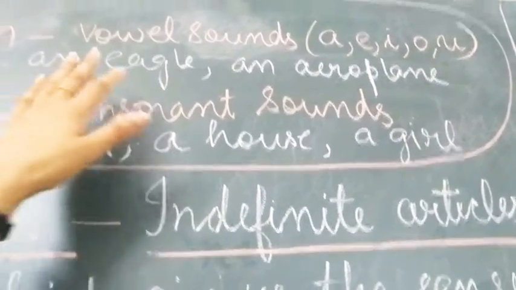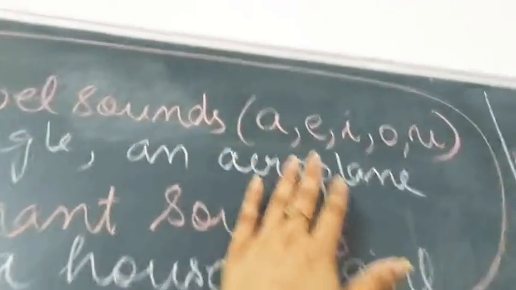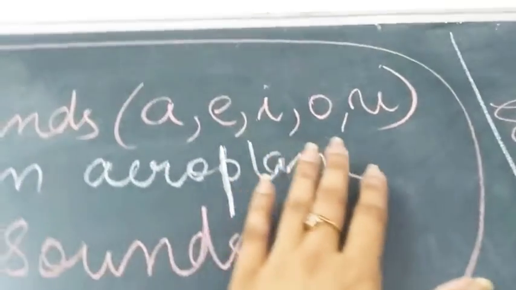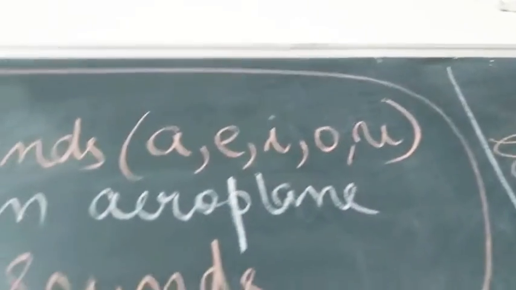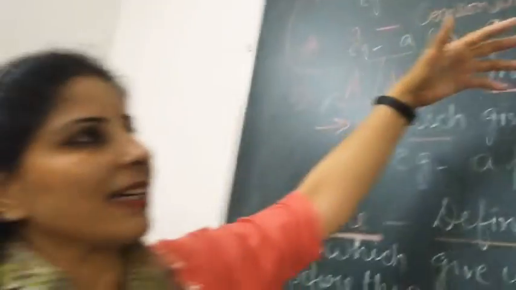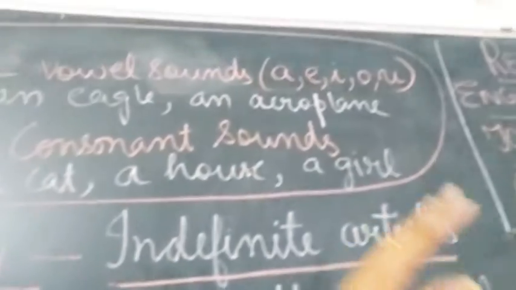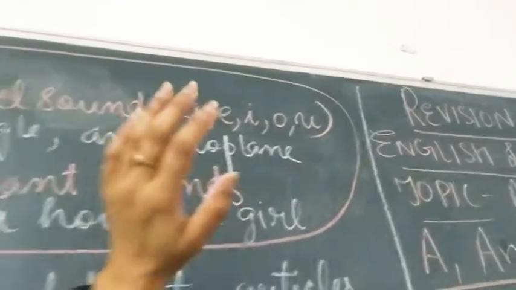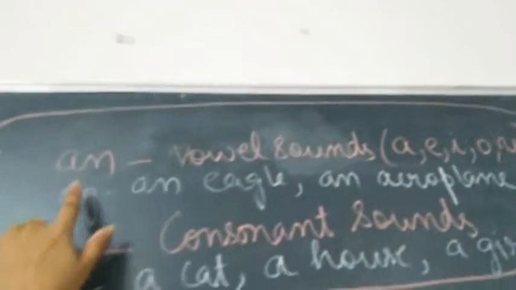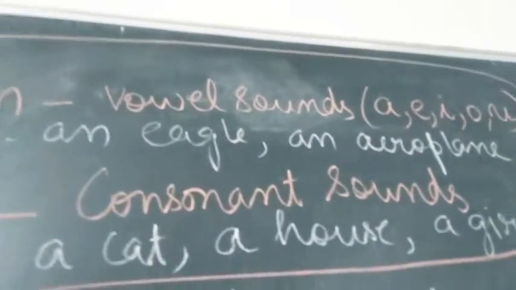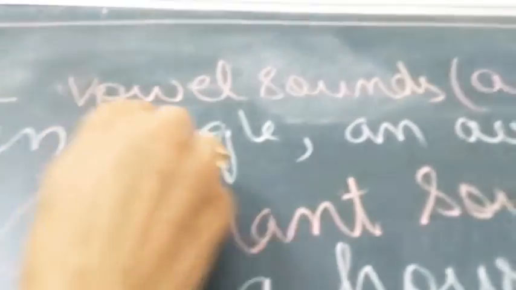So which are the 5 vowels? A, E, I, O, U, right? So whenever we get the sound of these letters, whenever we are getting these sounds, we will use an. For example, let's see here, an eagle.